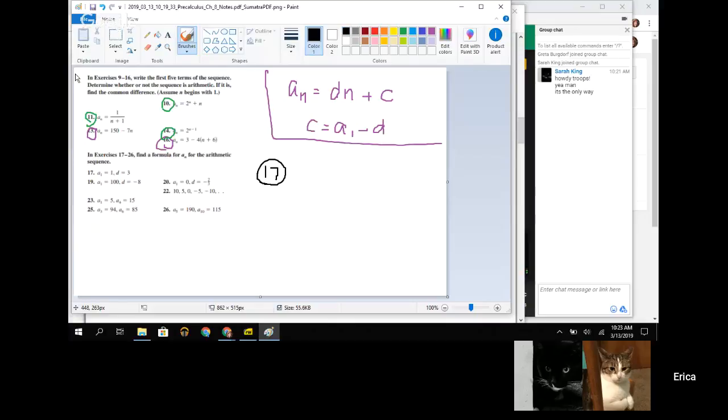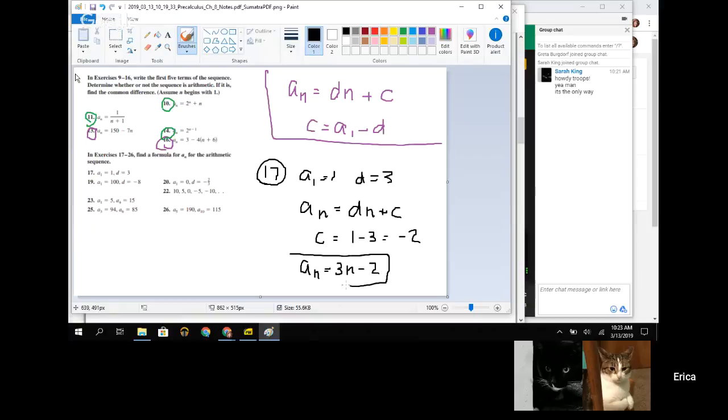Number 17 is awfully easy because they tell you that a sub 1 is 1 and the difference is 3. I know that the formula is a sub n equals the difference times n plus c, and I know that c equals a sub 1 minus d. So a sub 1 minus d is 1 minus 3, so c is going to be negative 2. So then I just write the formula: a sub n equals 3 times n minus 2. Voila, I have written a formula to find any term in this sequence.